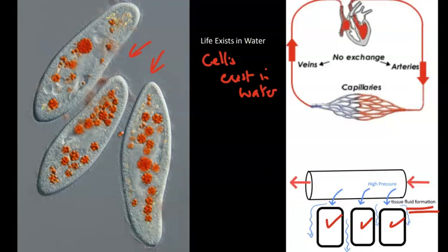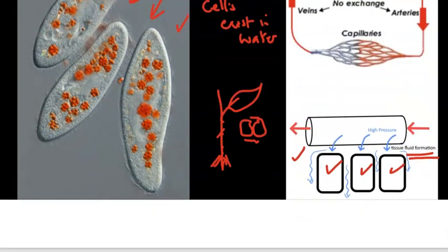But it is equally true beyond the animals to consider that in plants, water is transmitted around the plant, and the cells of a plant bathe in water just as much as animal cells do, and just as much as protozoans, unicellular organisms like here, do.